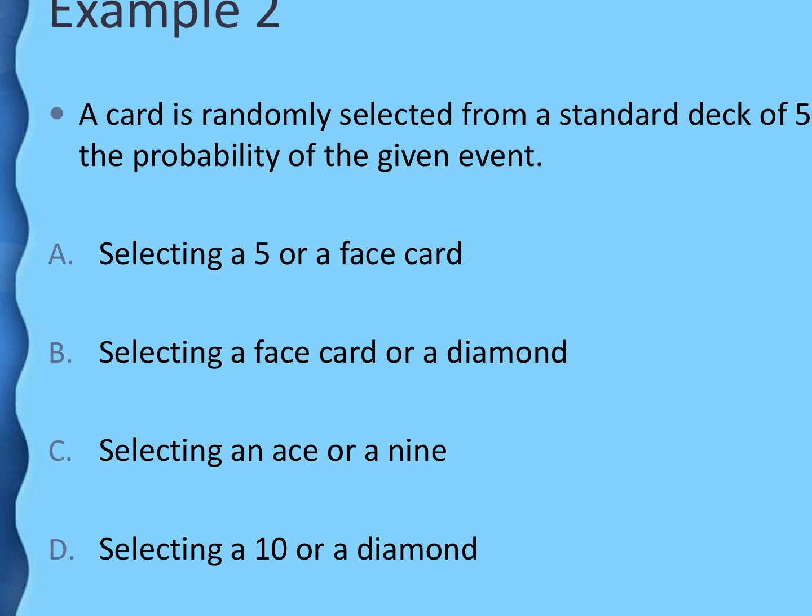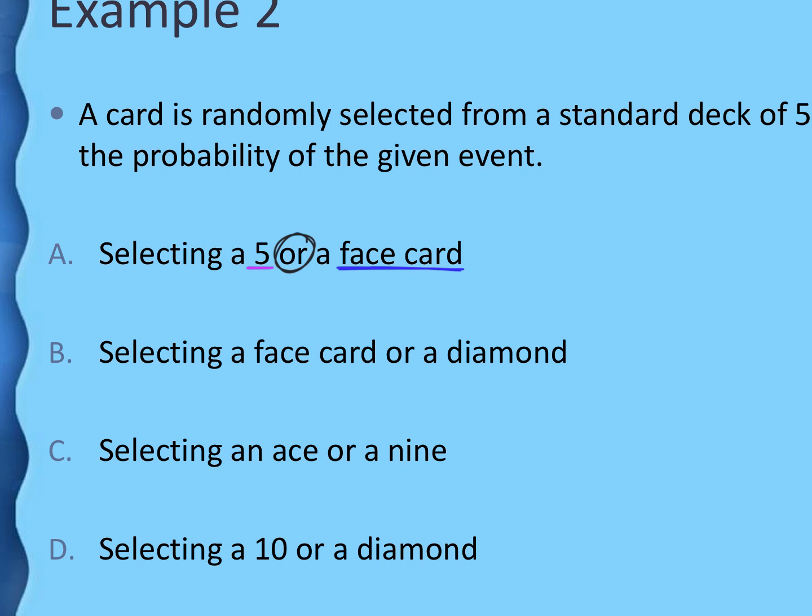So I have 2 events. I have selecting a 5. Then they're telling me or. Again, this goes back to reading comprehension, depending on if they're giving me or and. That's going to tell me which formula I'm using. So selecting a 5 or a face card. Those are my 2 probabilities. Event A is 5, event B is face card.